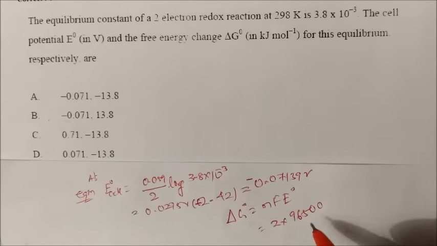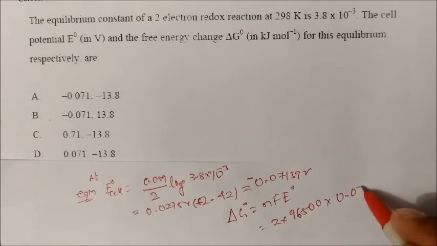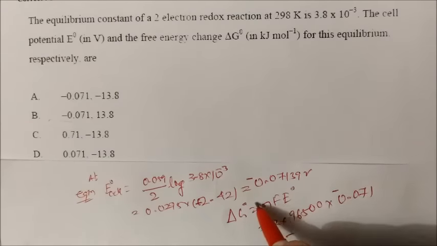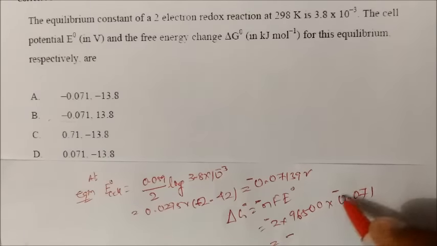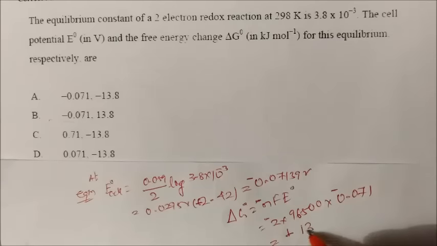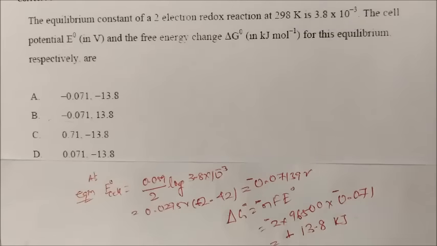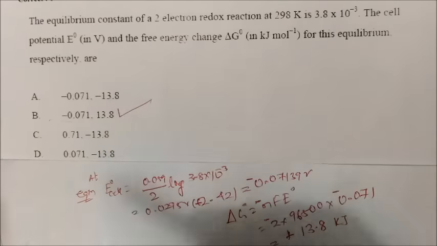And E is given as 0.071, which is a negative value. The formula has a minus and the E value is also minus, so minus and minus make plus. On solving, you will get 13.8 kilojoule per mole. So what is the answer? One is negative, the second is positive, so this is the correct answer.